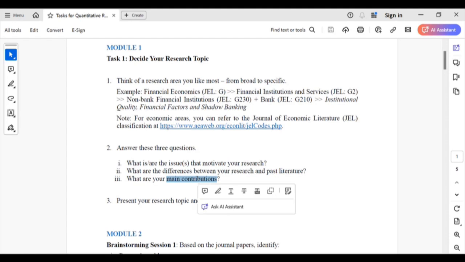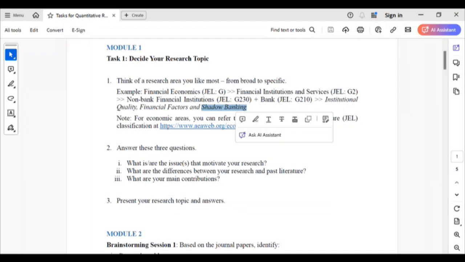For example, you study shadow banking, and you can see whether this industry is proactive in risk management or not. Then whether traditional banking and shadow banking are related or not.